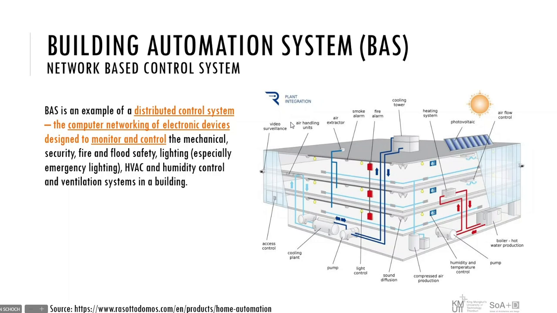And again, there will be either a wireless, but most likely a cable infrastructure put in place in order to connect all these equipment pieces with each other, to provide feedback, to signal information back to the control system itself. So it's usually a computer network with electronic devices designed to monitor and to control.